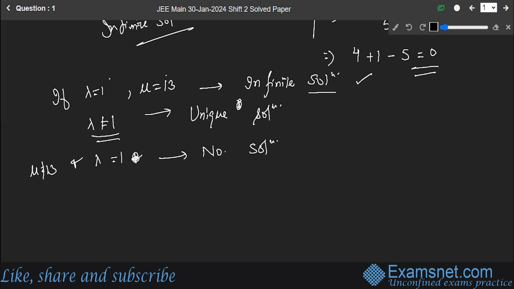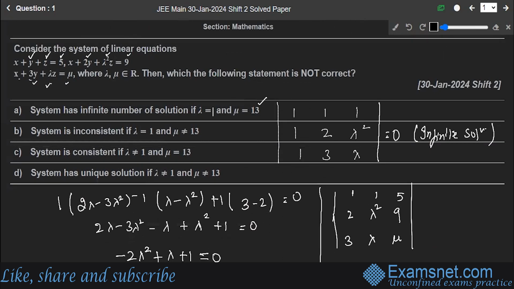If lambda is not equal to 1, you will have a unique solution. If lambda is equal to 1, that means infinite solutions, but if mu is not equal to 13, that means there will be no solution. So that means we have the first option, the system has infinite solutions for lambda equal to 1 and mu equal to 13, as the right answer to the question. Hope you're clear with this.